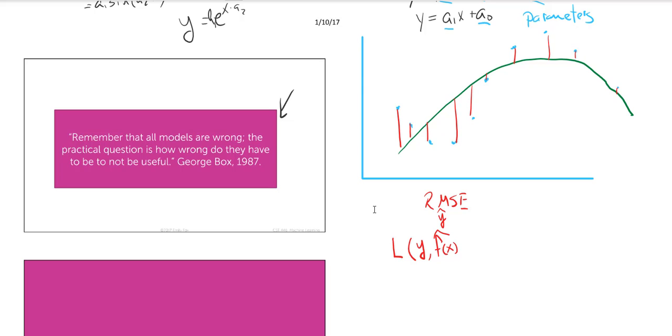And furthermore, we saw that here our green model depends on the parameters. So it depends on what we choose for A1, A2, A3, and however many parameters there are. And so we're going to denote those parameters in general with something called W. The reason they use W is because this concept of loss applies not just to this kind of regression problem, but other types where W is more common to be used.